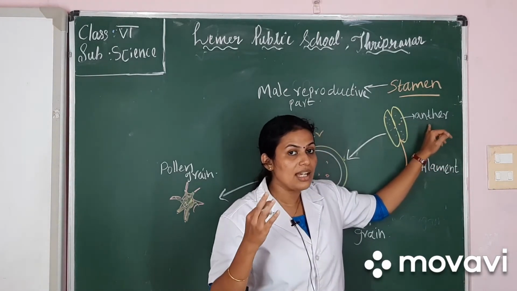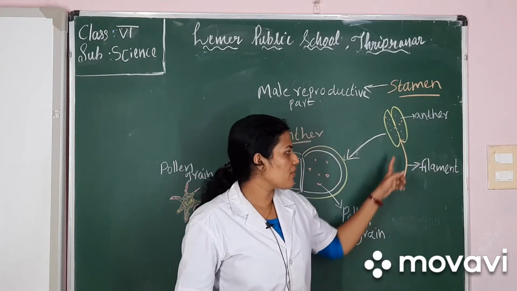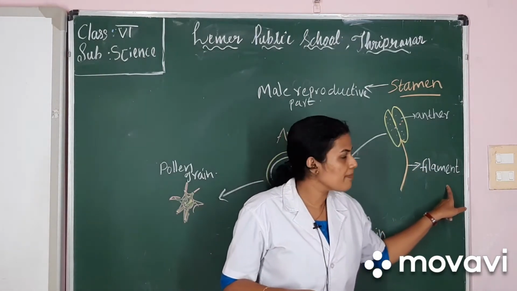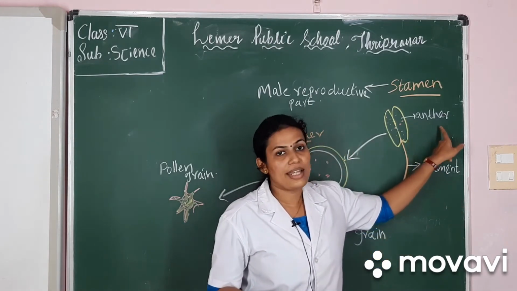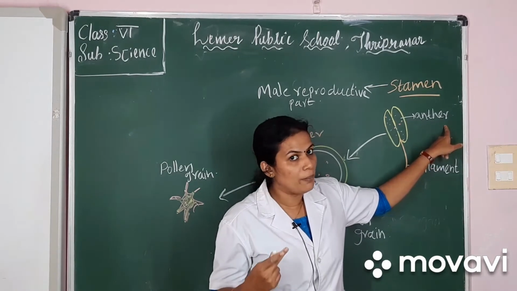That means anther has two lobes. So each stamen consists of a stalk called filament and a head called anther. Anthers are two-lobed or bilobed in nature.